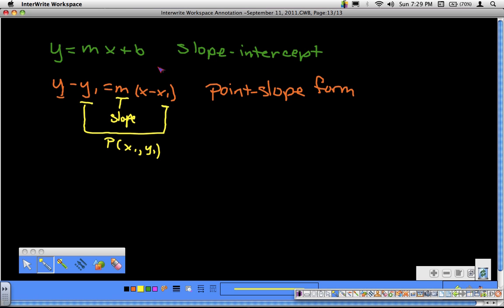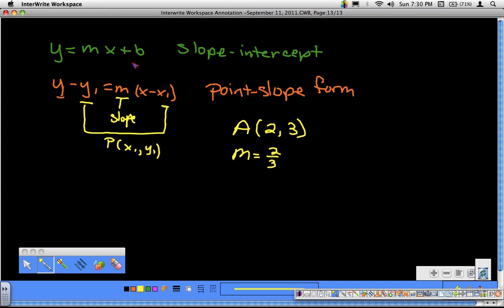Now, point slope form, most of the time when we decide to use this, two things. The obvious one, a point and a slope, might mean they give us some point and they give us some slope. We substitute in. Usually we'll simplify it down to slope-intercept form, but that's one option.